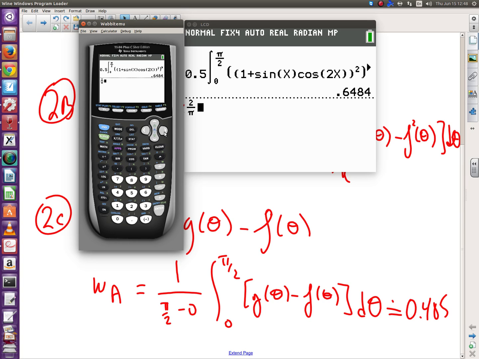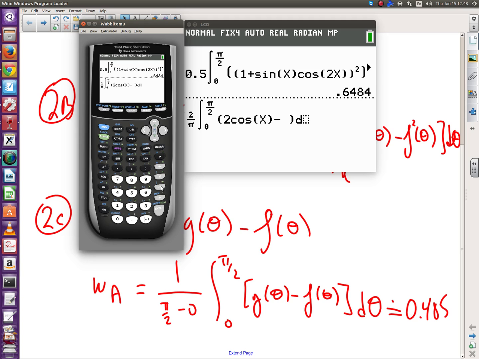Do a math 9, from 0 to pi over 2, of the quantity. Now I need g minus f. G is 2 cosine theta, and again, I'm going to be using x here.